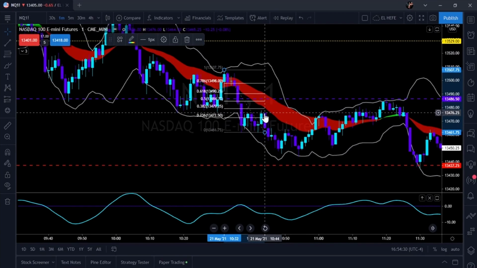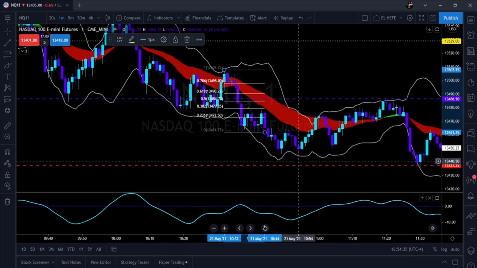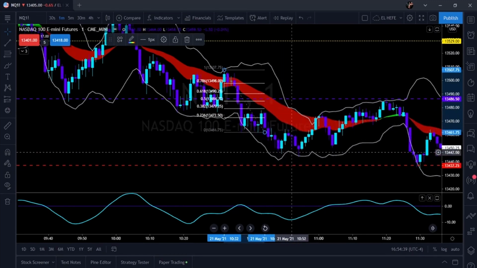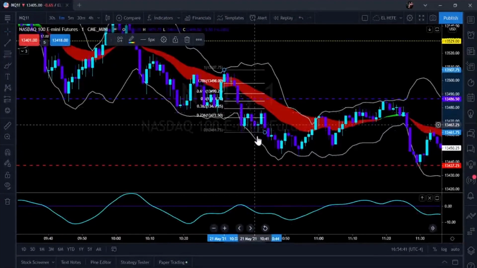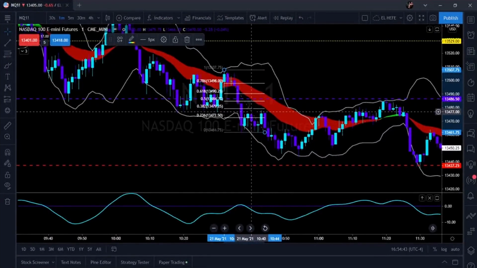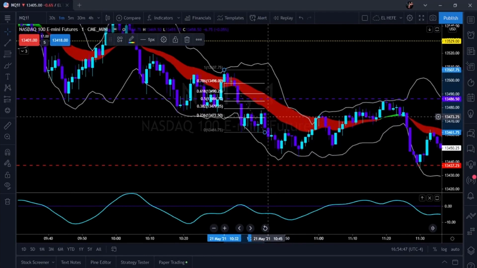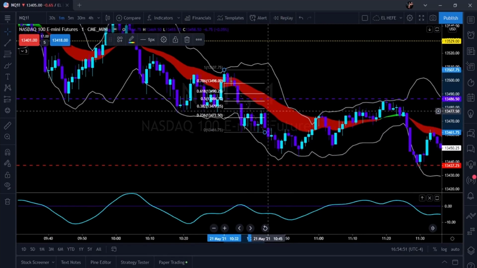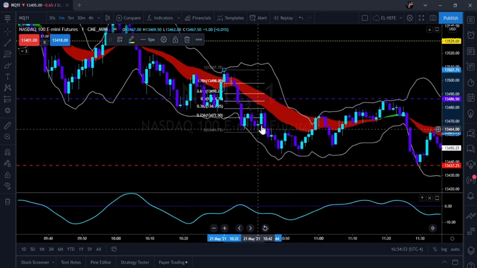But if it would have touched the cloud, you could have got short off the cloud and just sold it down here to this lower Bollinger Band. So that's where these momentum trades come in that I was telling you about. Maybe this fib doesn't set up exactly, maybe this cloud's a little bit closer and it touches the cloud and all three indicators are pegged, and you could sell off that cloud going back down.